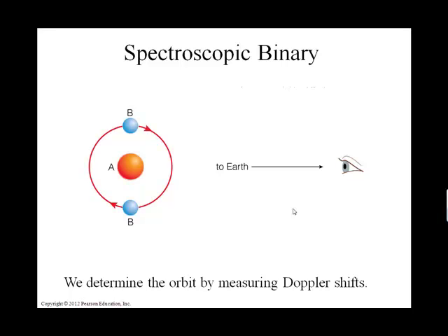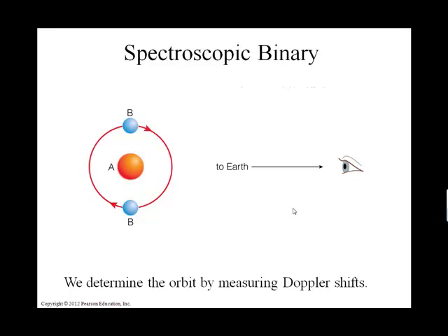So the last type of elusive binaries are called spectroscopic binaries. And I think I mentioned they apply the Doppler effect. So can you see again, the center of mass lies, in this case, on the larger star A, the orange star.